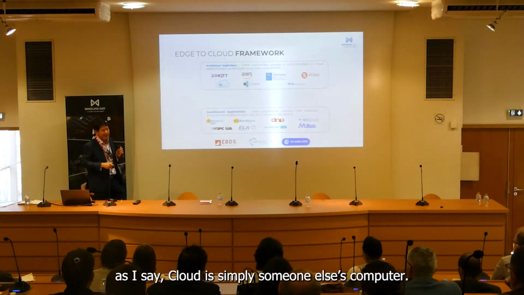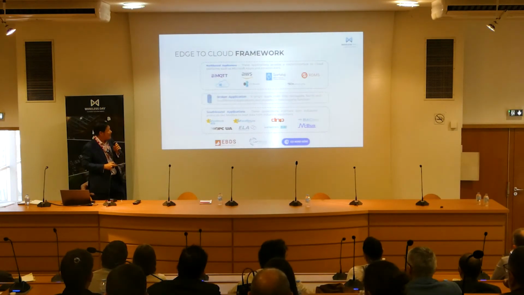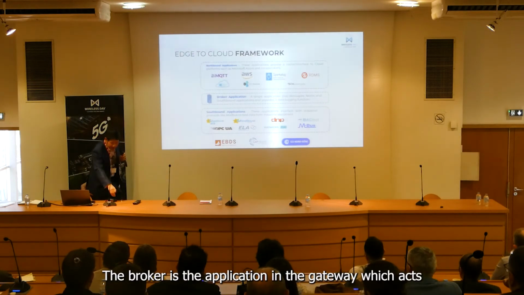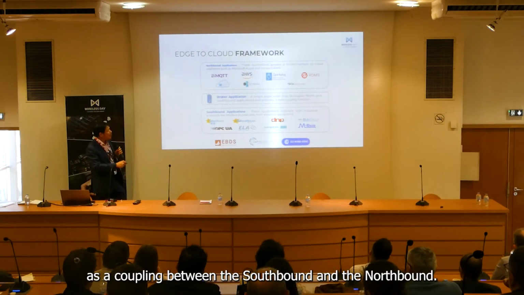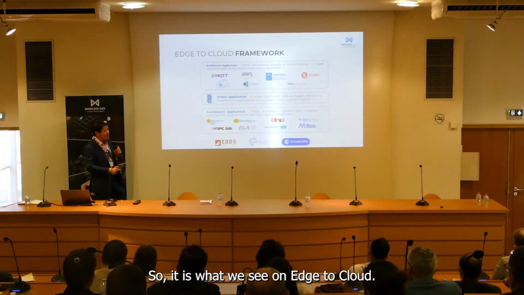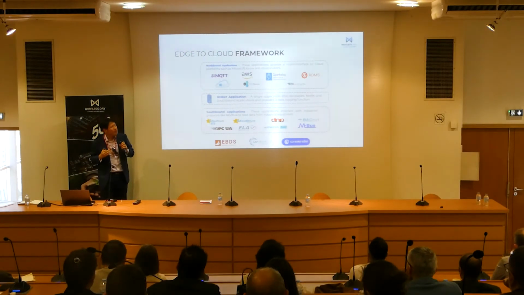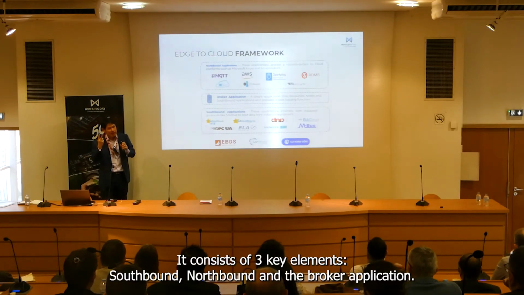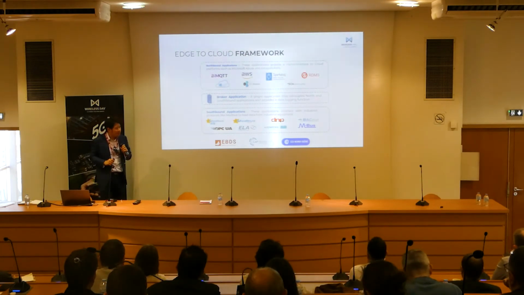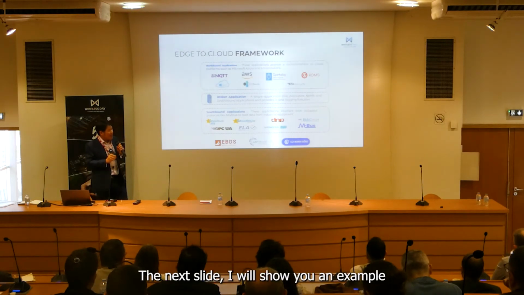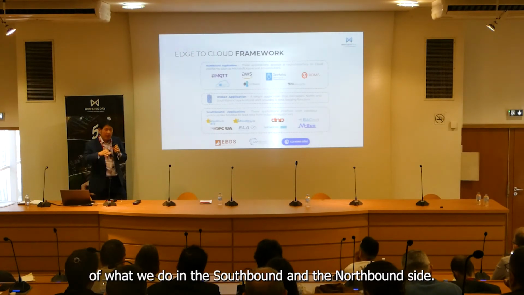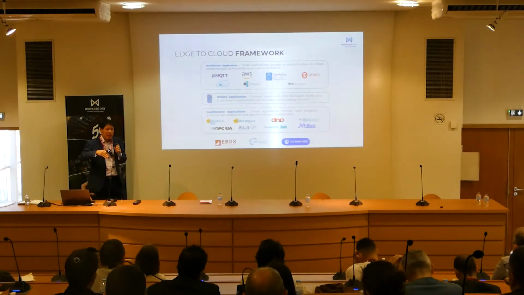As I say, the cloud is simply someone else's computers. And the broker is an application inside the gateway that acts as the coupling between the southbound and the northbound part. So this is what we see from the edge to cloud: it consists of three key elements, southbound, northbound, and the broker applications. That's it. In the next slide, I will show you an example of what we would do on the southbound and the northbound side.